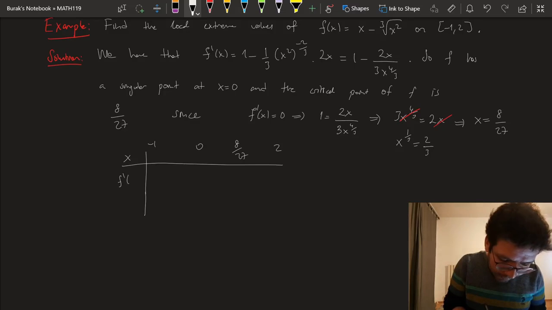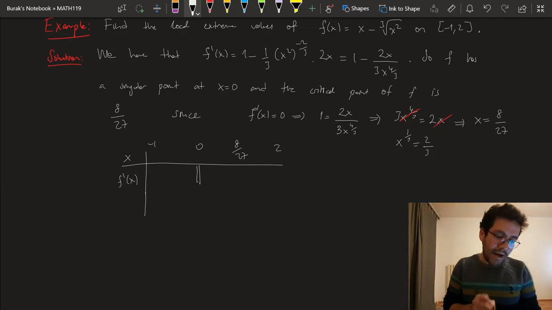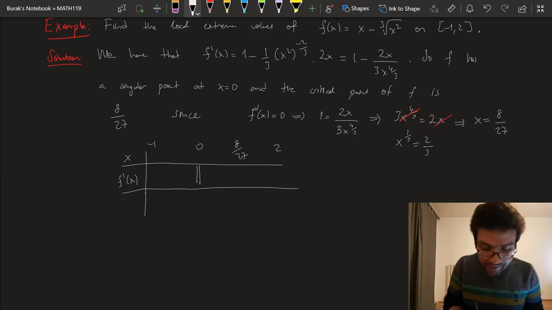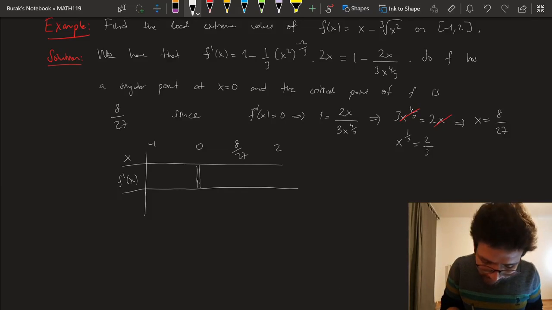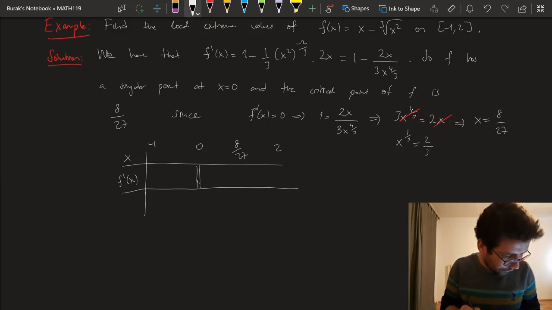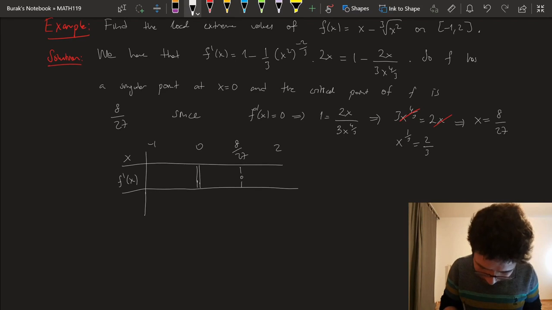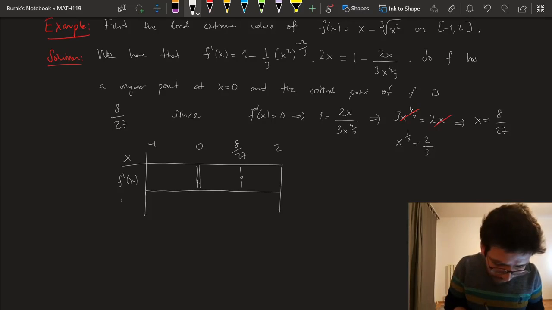Now, at 0, my derivative is undefined, okay? And when people draw these tables, they put this double line to denote that that's a singular point, the derivative doesn't exist there. And at 8/27, my derivative is 0, okay? And this is the other endpoint. Okay, and I have my f here.